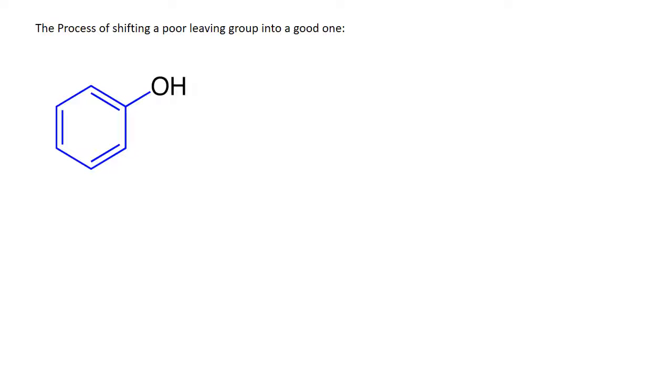Now let's look at it a little more generally. Here is another organic alcohol. Now we have a benzene ring here and an alcohol. That's for practical purposes compared to the previous example. This is the R group.